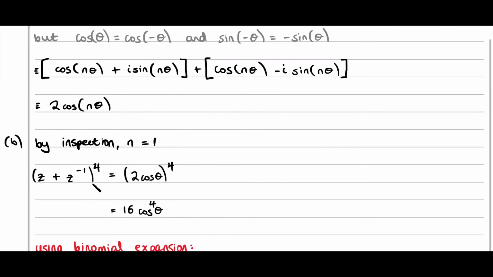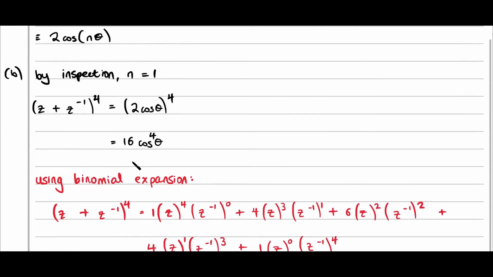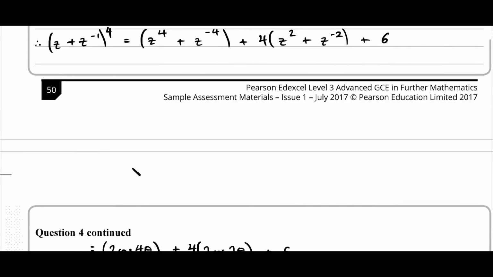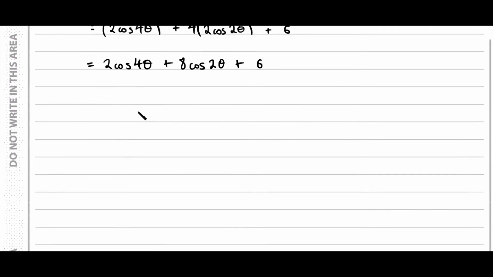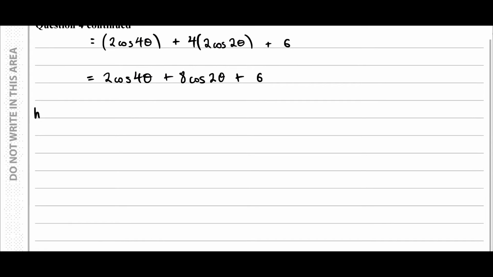Okay? Hence we can say, now that we know what this bit is, we can therefore say that 16 cos theta to the power of 4 equals 2 cos 4 theta plus 8 cos 2 theta plus 6.